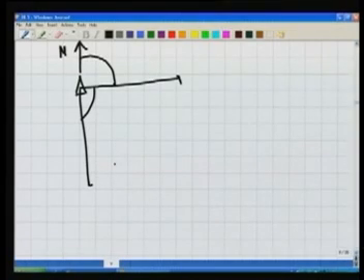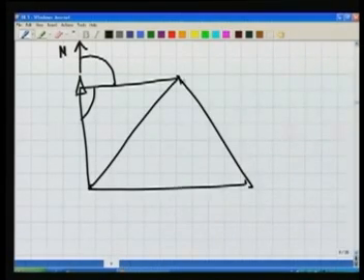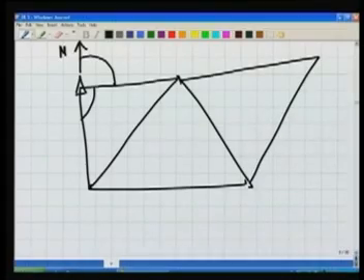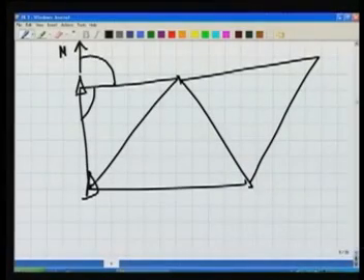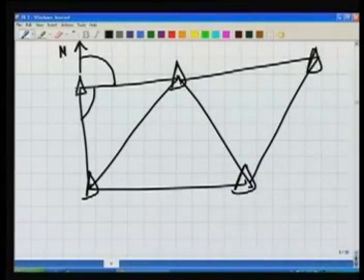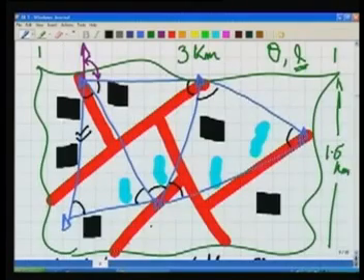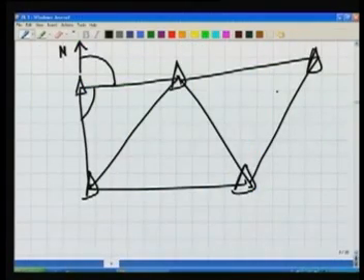I plot the second one, the third one, the fourth one, and so on. So I can plot on my drawing sheet the triangulation network. Now it may not be exactly the same as in the previous case on your screen, but in the actual case it will be the same.